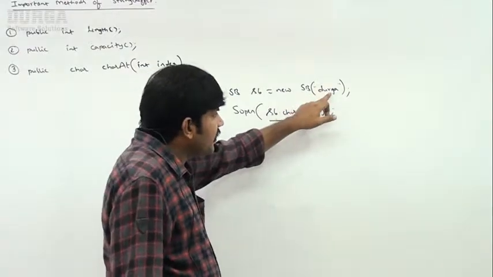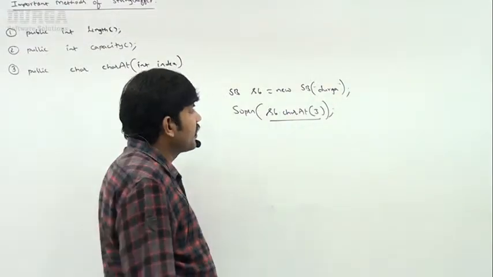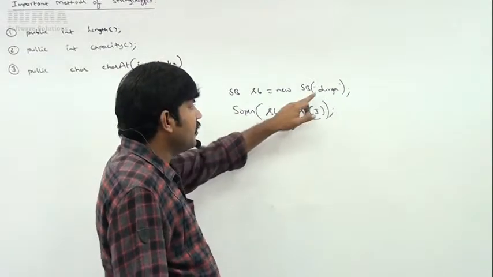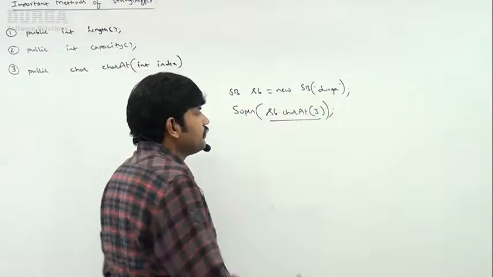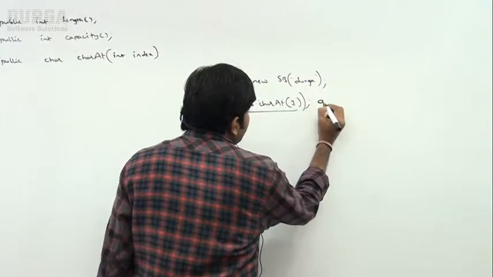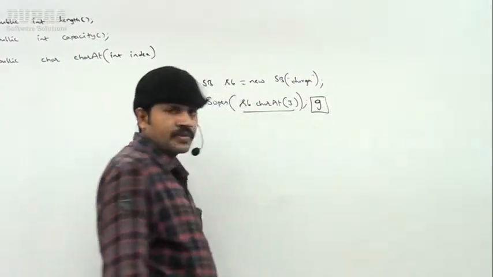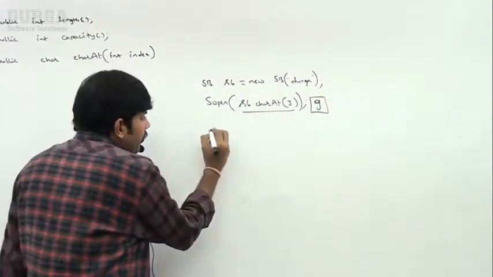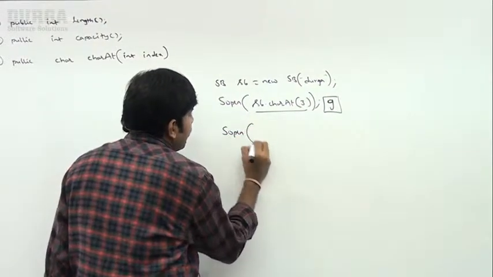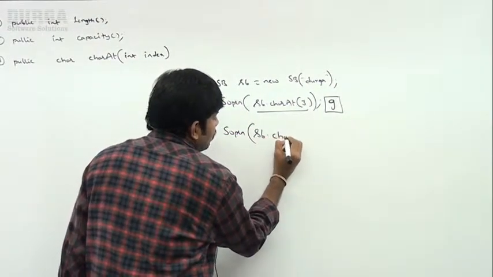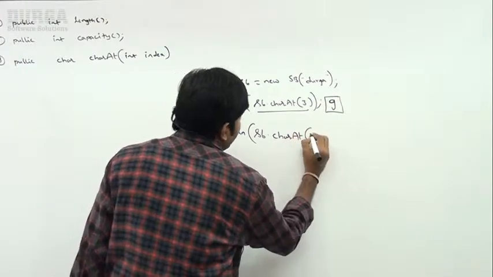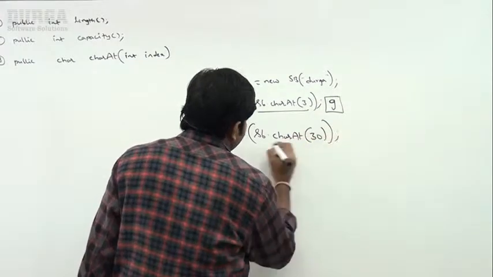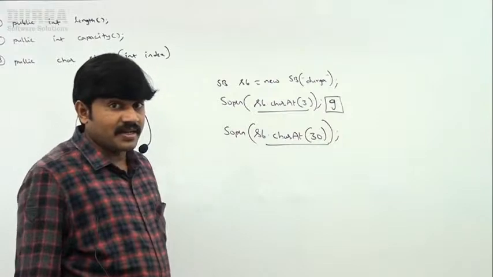sb.charAt(3): at the third index, which character is there? 0, 1, 2, 3. Index 3 means G is there. Now System.out.println(sb.charAt(30)).